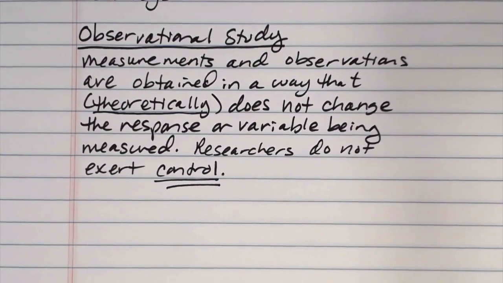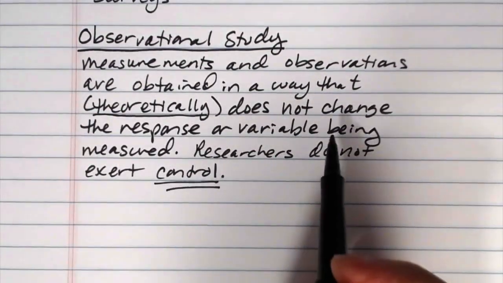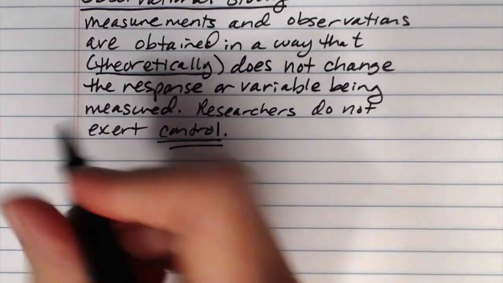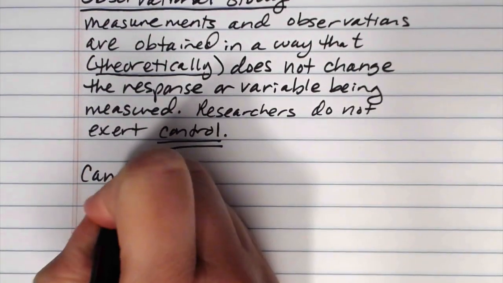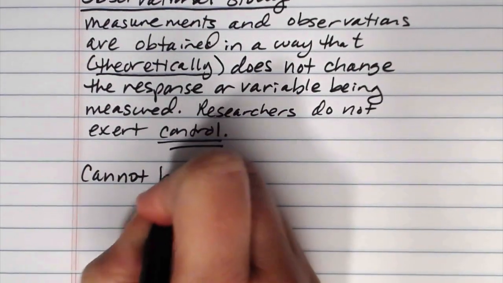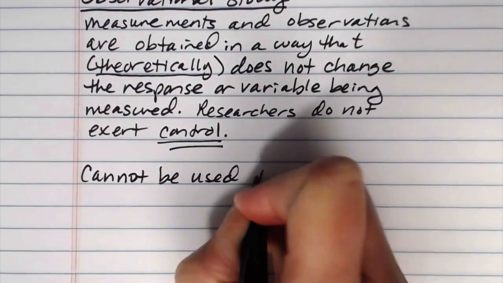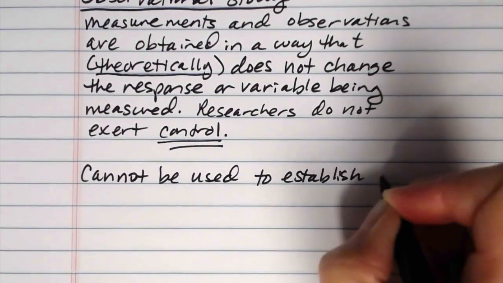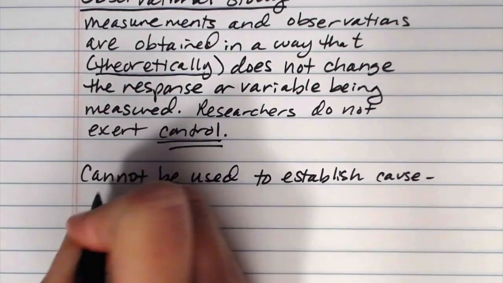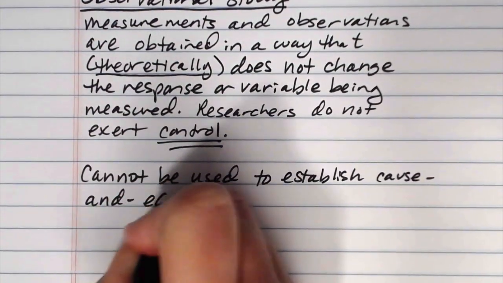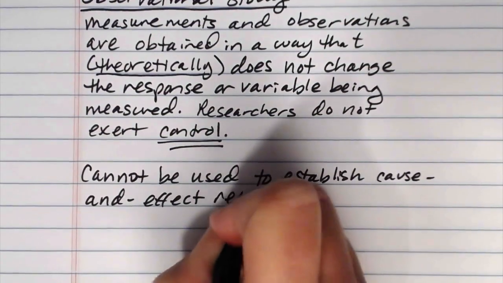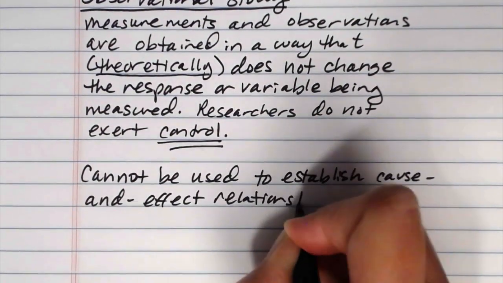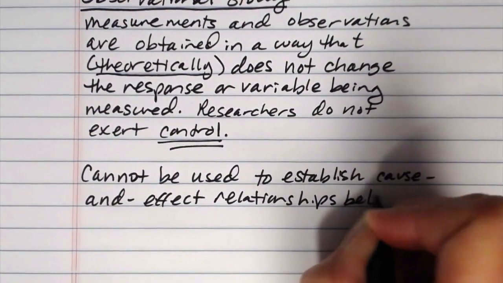Now, because we are just observing and recording, the drawback of observational studies is that they cannot be used to establish cause and effect relationships between variables.